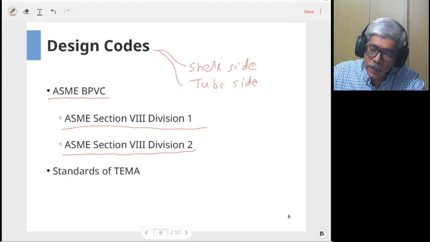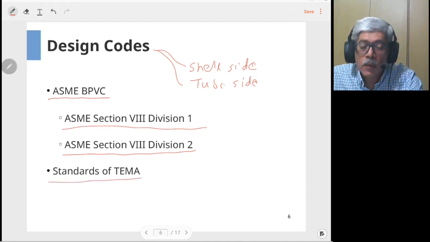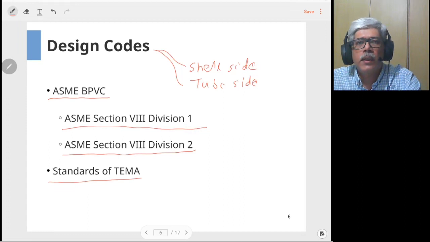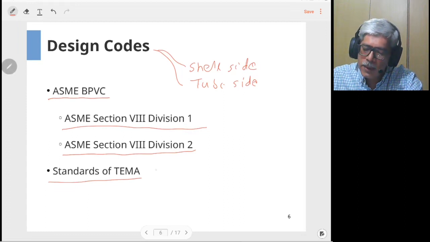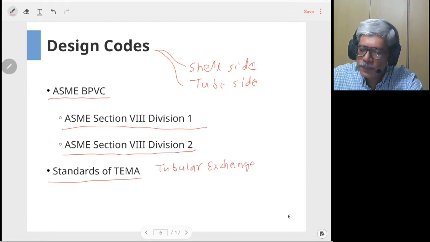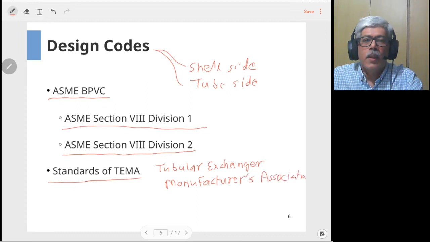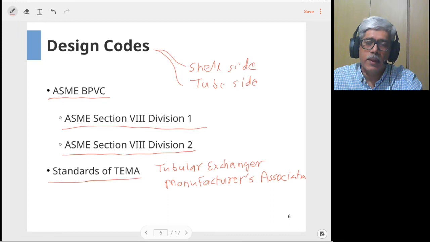Another important code or standard which is used for design of heat exchangers is TEMA. So TEMA is the Tubular Exchanger Manufacturers Association, and this gives various regulations and directives as well as design formulae which are specially developed for heat exchanger design.